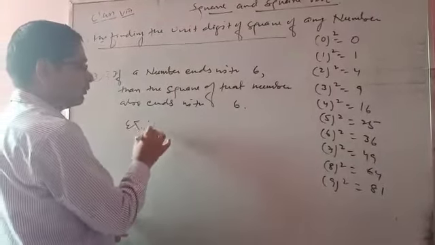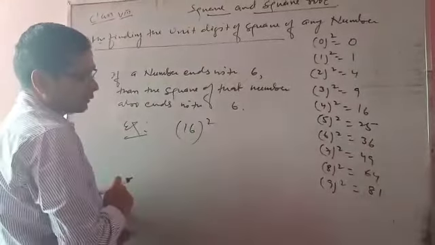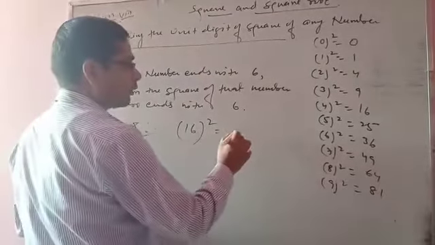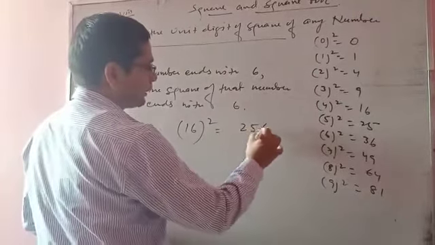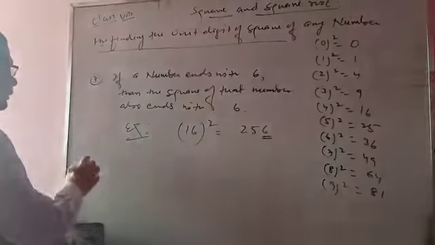For example, like 16, 6 ends with 6, then its square also ends with 6. 16 square is 256, so it ends with 6.